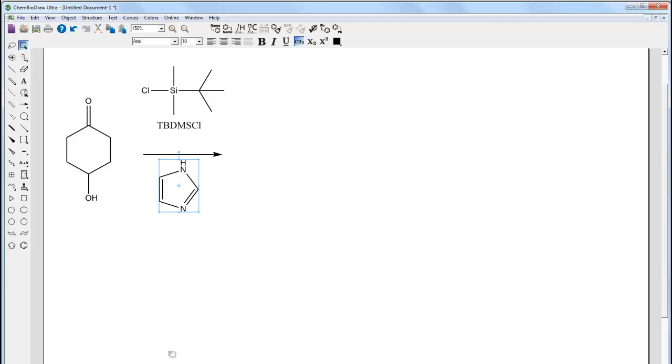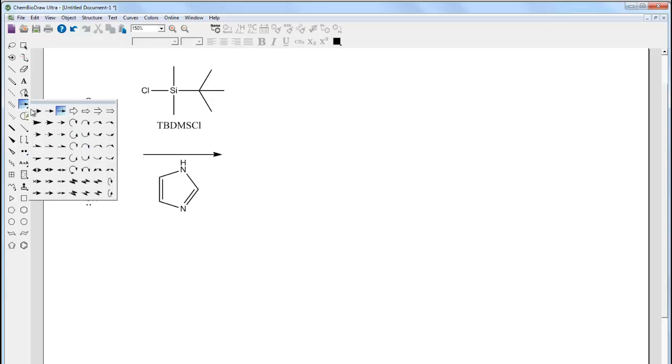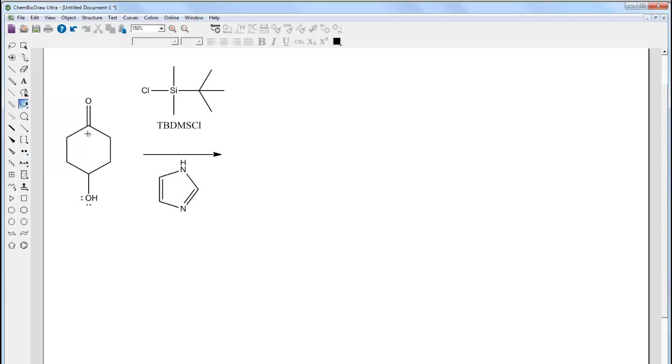So we'll react this with t-butyl dimethyl silyl chloride, or TBDMS chloride, as it's sometimes abbreviated, in the presence of imidazole. The question that we always want to get back to is who has electrons and who wants them. Our oxygen has two lone pairs of electrons. And hopefully you remember that anytime you have a carbon halogen bond, it's very polarized, and the halogen is a good leaving group.